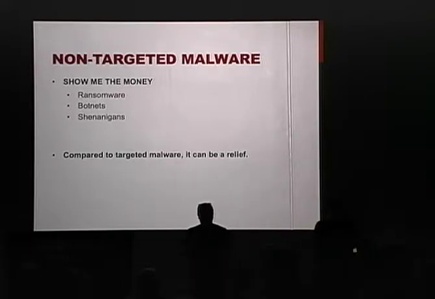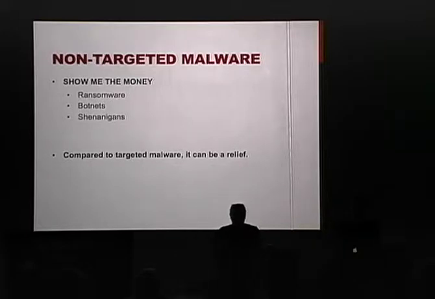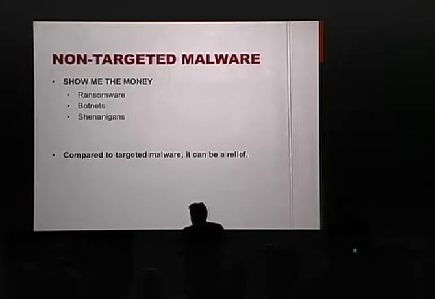It's all financial based usually when it's non-targeted. They're just trying to get it on as many processors as they can because the more they have, the more money they potentially can make. So when you think you may be targeted by some threat actor, you're probably going to be relieved if you're finding non-targeted stuff, because that's not what you're worried about. When you're worried about targeted stuff, you're worried about somebody stealing your intellectual property or something really relevant to you.